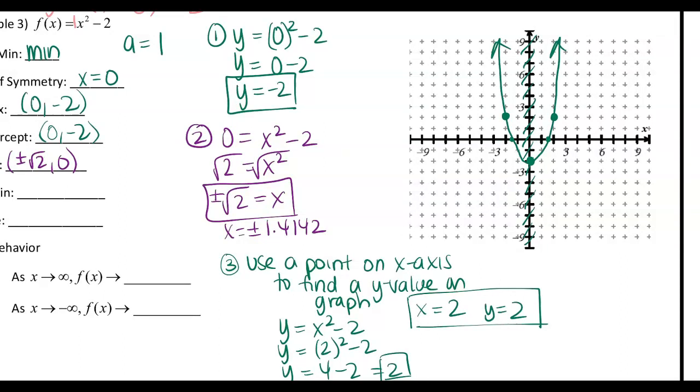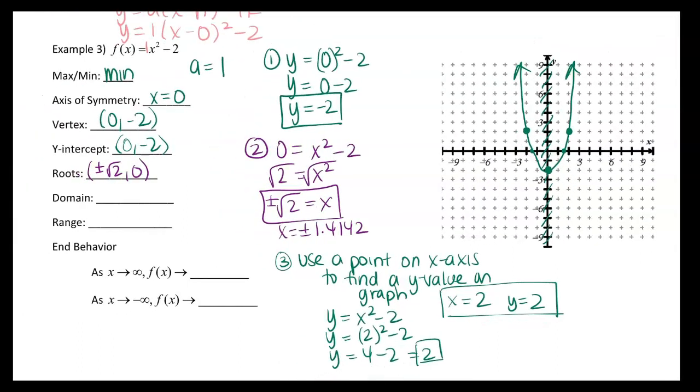Chris, what's the domain for this graph? There's two sides. All real numbers. There you go. Negative infinity to positive infinity, or all real numbers. What's the range, Chris? Not -3. What's this point down here?